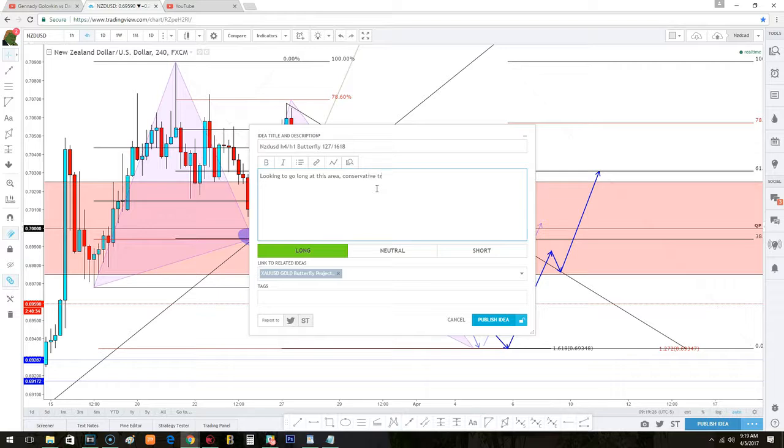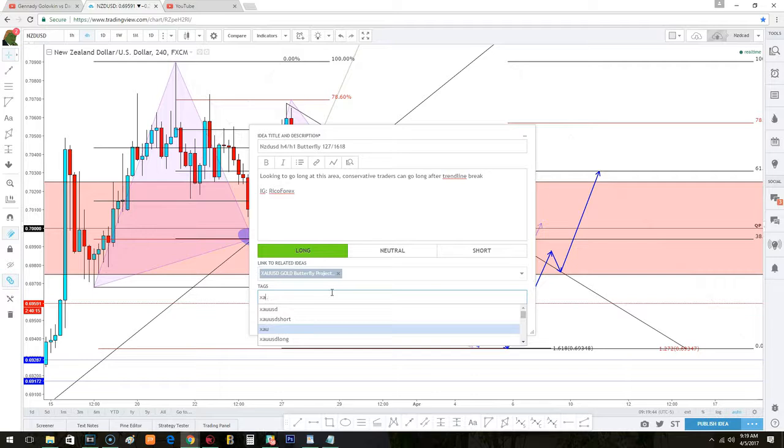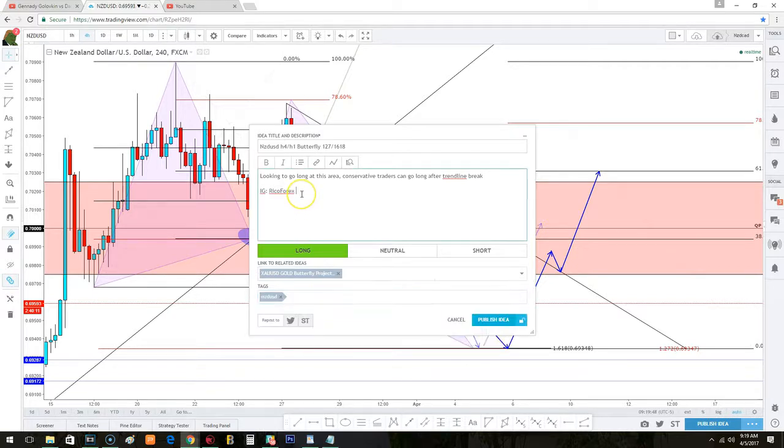Conservative traders can go long after trendline break. On my Instagram, see if they don't ban it, because they always ban you if you put your Instagram on there. Tag them. Oh my bad, I don't want to put New Zealand. Actually, I don't want to get banned.